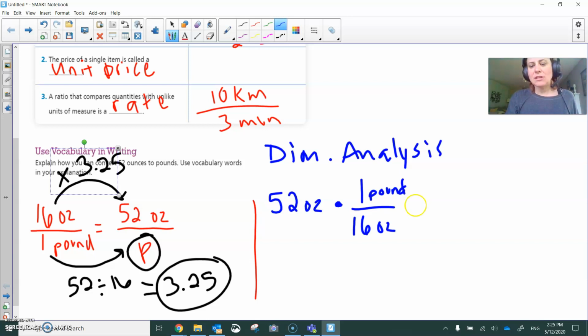We're using multiplication, and the idea here is that you're going to basically do cross-reducing that you learned at some point in your life. So ounces in the numerator on the first fraction cancels out ounces in the denominator in the second fraction, and the only unit of measurement you're left with is pound.